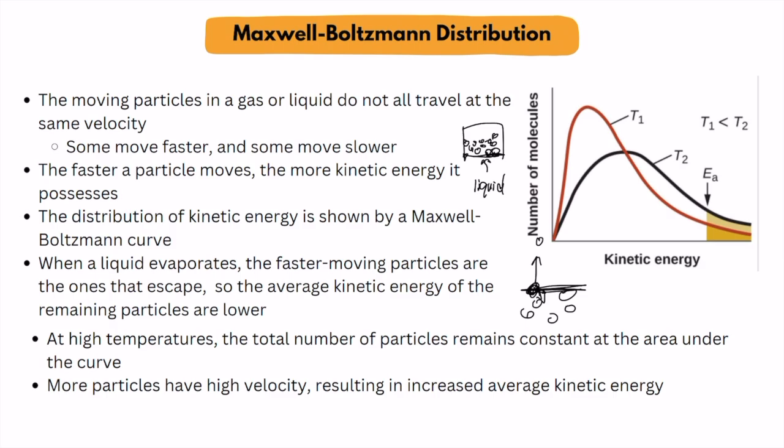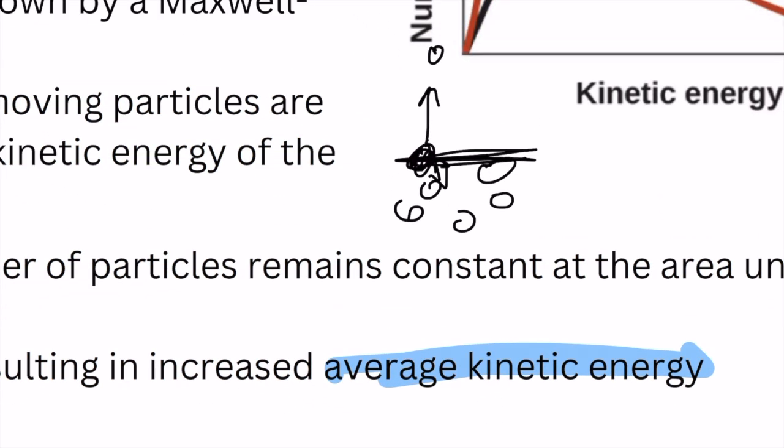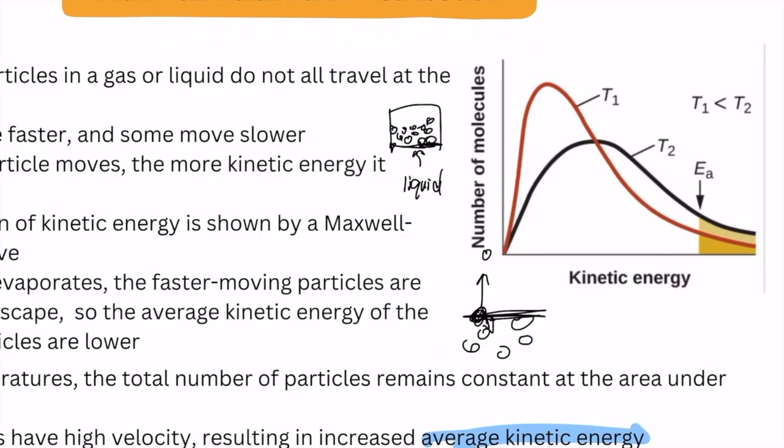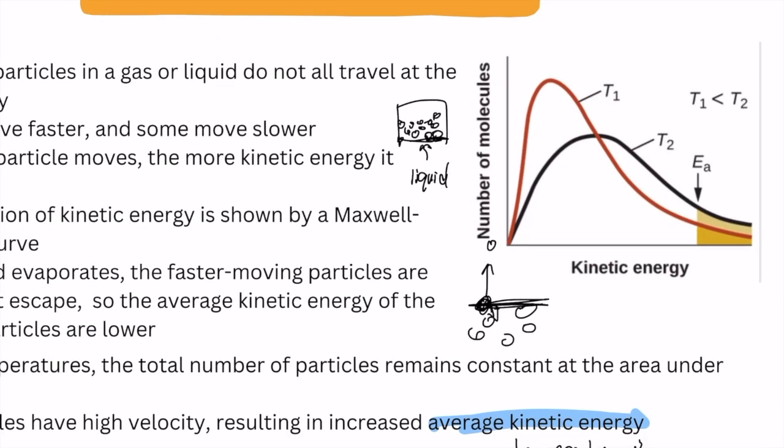And one important thing to note is that average kinetic energy is temperature. So here we can look at this graph. Here would be the average kinetic energy of this substance, and here would be the average kinetic energy of this second substance.